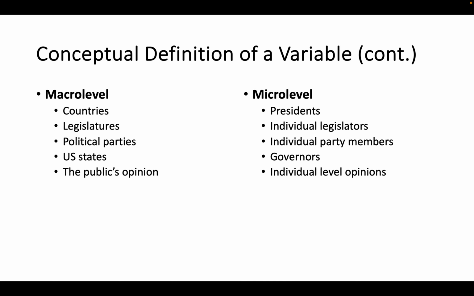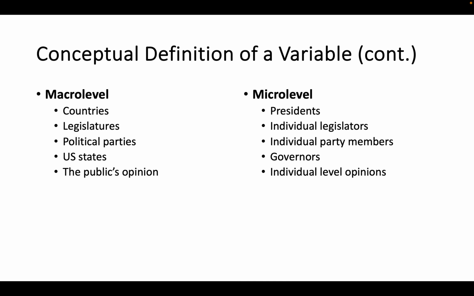The public's opinion, writ broadly, is at the macro level. So approval of President Biden's performance in office as President of the United States. The public's opinion of President Biden's performance is at this macro level. So it's an aggregation of people's personal views.